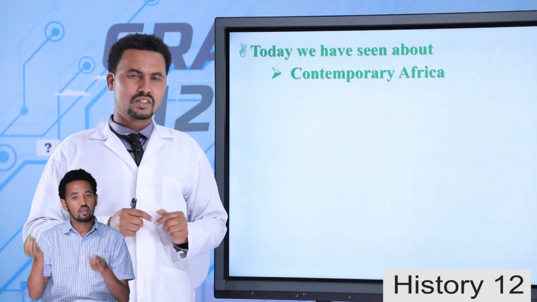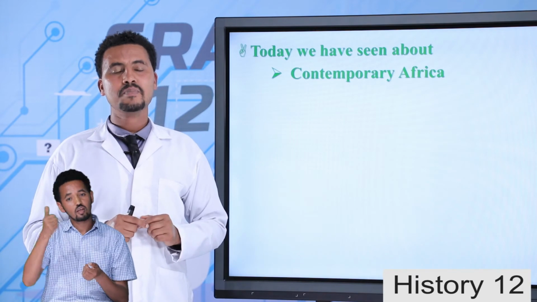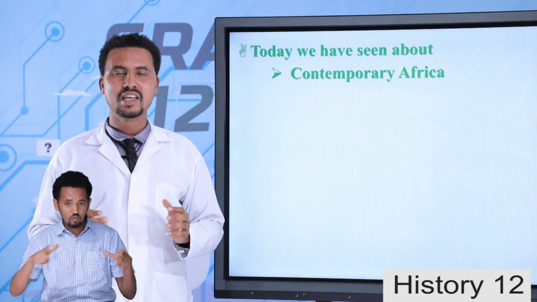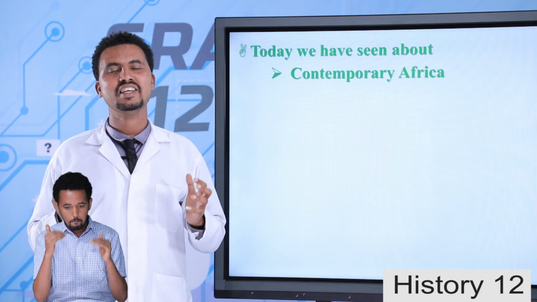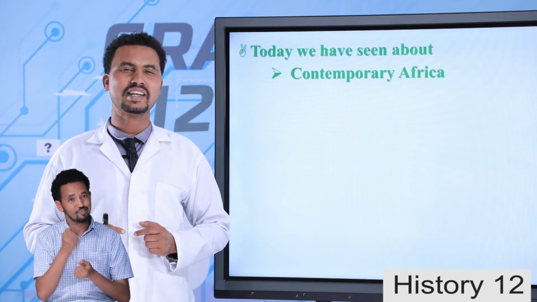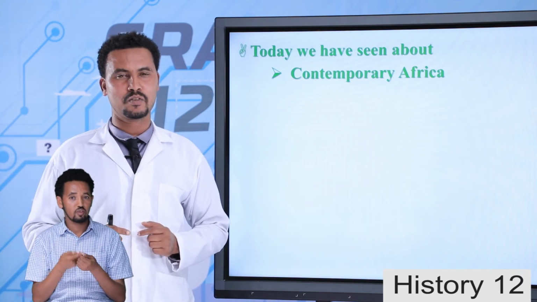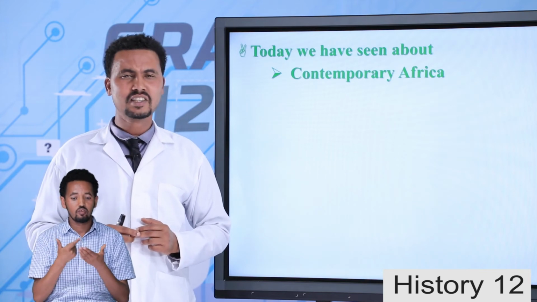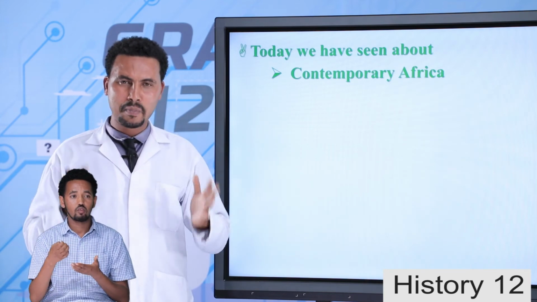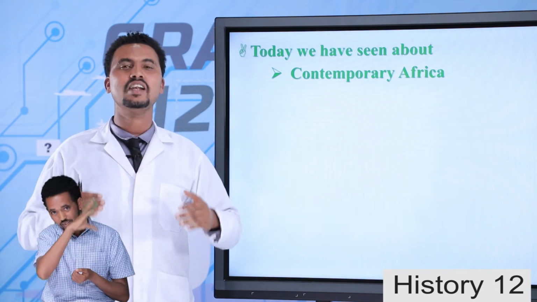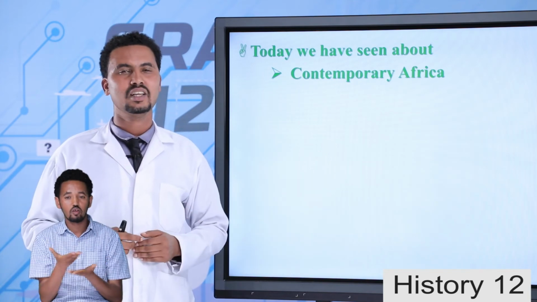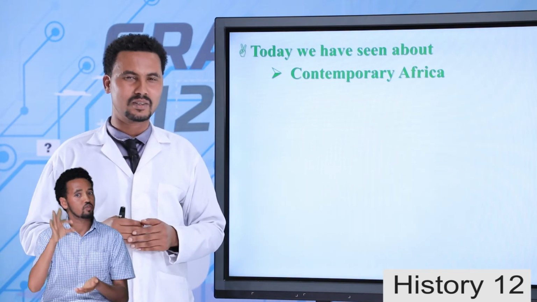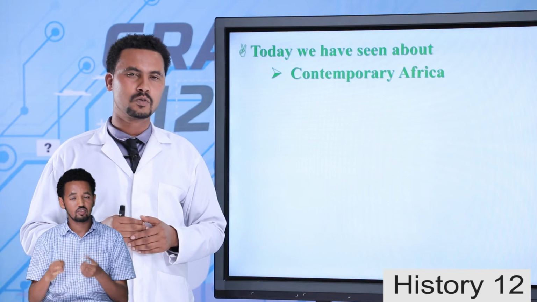In addition to this, the other problem of Africa is ethnic conflict, lack of tolerance among the African ethnic groups. It was another problem for the development of Africa. The other one, brain drain. The educated Ethiopians, as well as the educated Africans, left their own countries to get a better job and a better salary in the Western world. It affects the development of Africa.